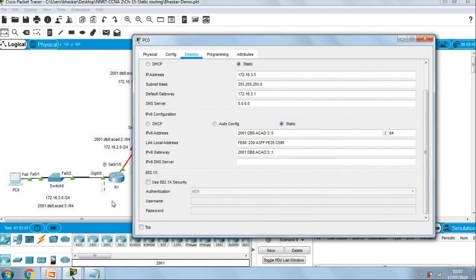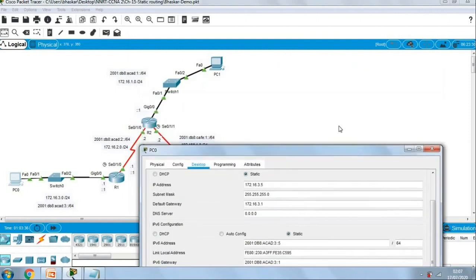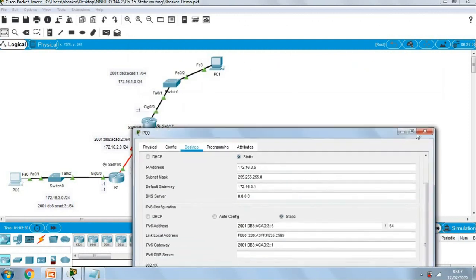Similarly for IPv6, the address is 2001:DB8:ACAD:3::5, the fifth IP assigned for the computer, and the gateway address is ::1, that is 2001:DB8:ACAD:3::1. The prefix length is /64. Remember, I am using the fifth IP for IPv4 and IPv6 for all LANs, for this PC as well as that PC.